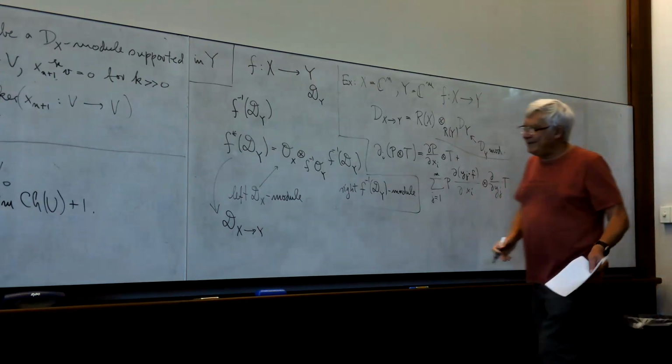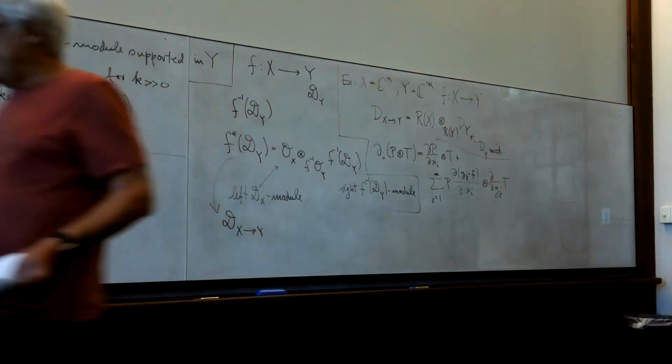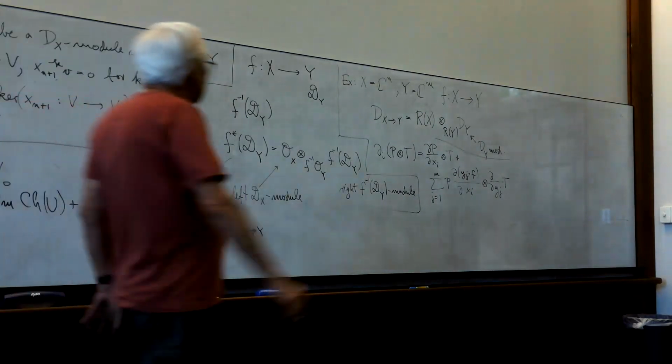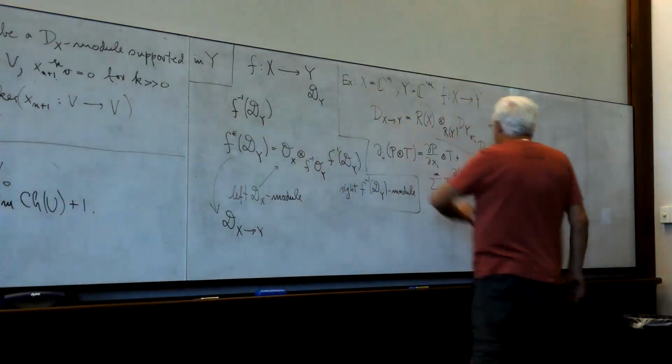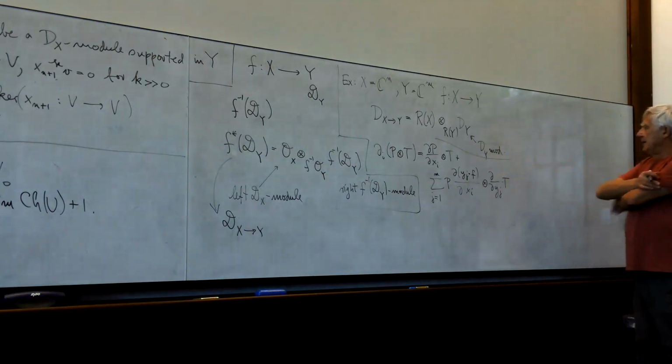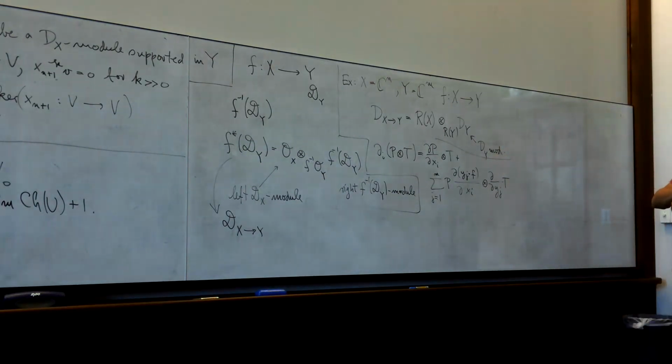So one can easily check that this gives the left action of D_X, which commutes with the right D_Y action.